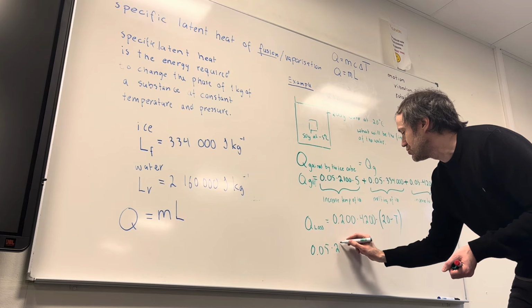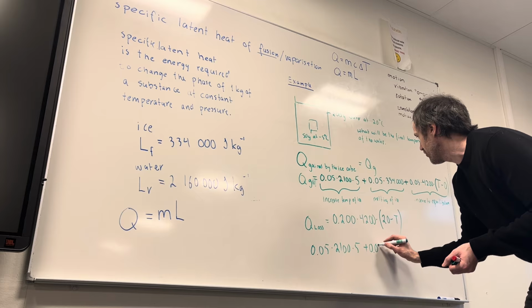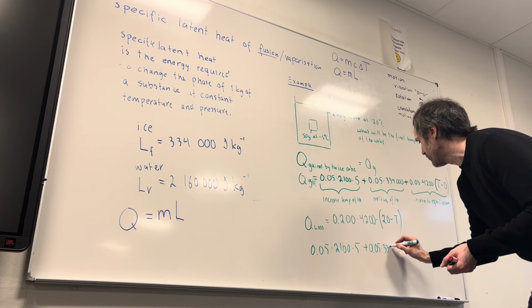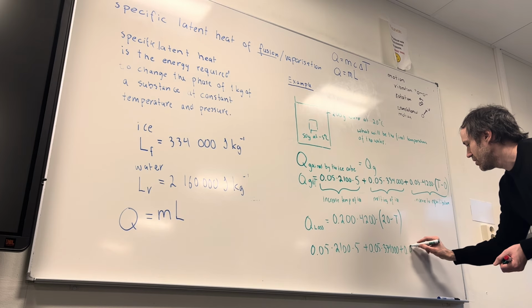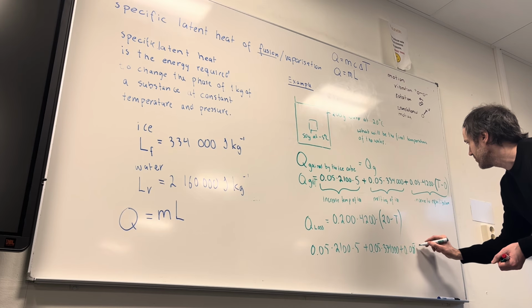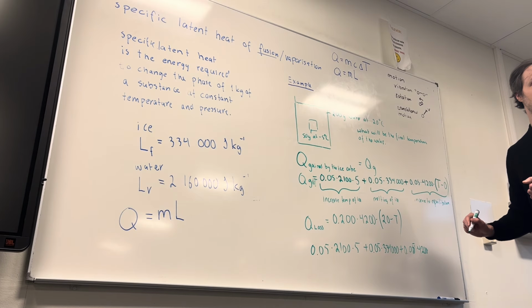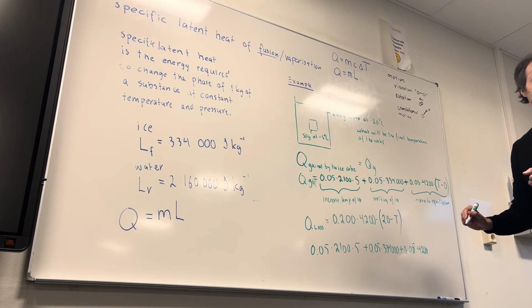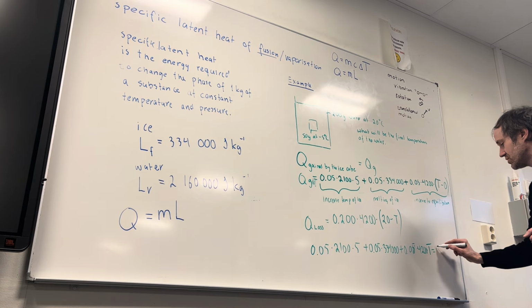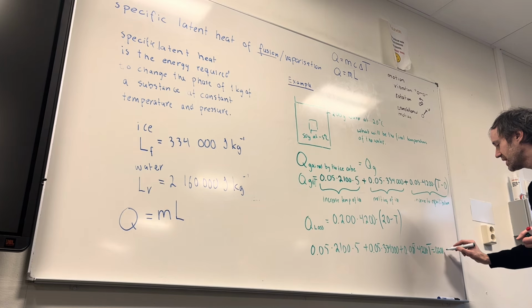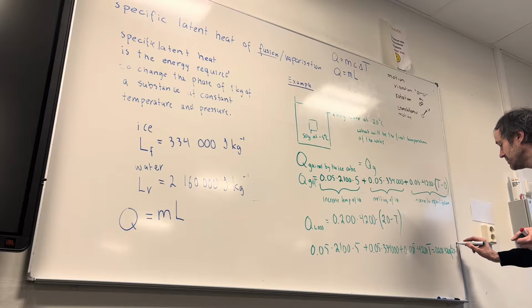0.05 times 2,200 times 5 plus 0.05 times 334,000 plus 0.05 times 4,200 times t minus 0 is equal to 0.200 times 4,200 times 20 minus t.